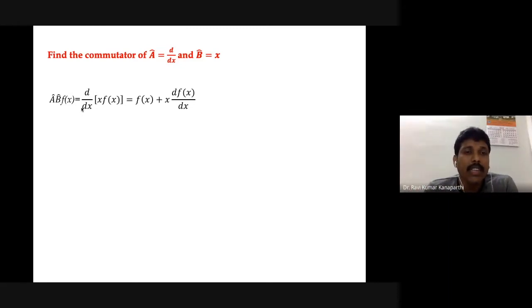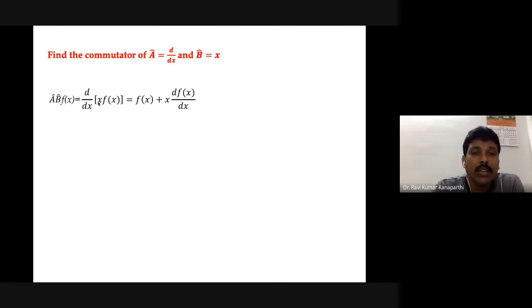D upon dx, and that is our A operator, and the next one is x f of x. I have just written it in a slightly different fashion, putting it into a square bracket. It is just a product.